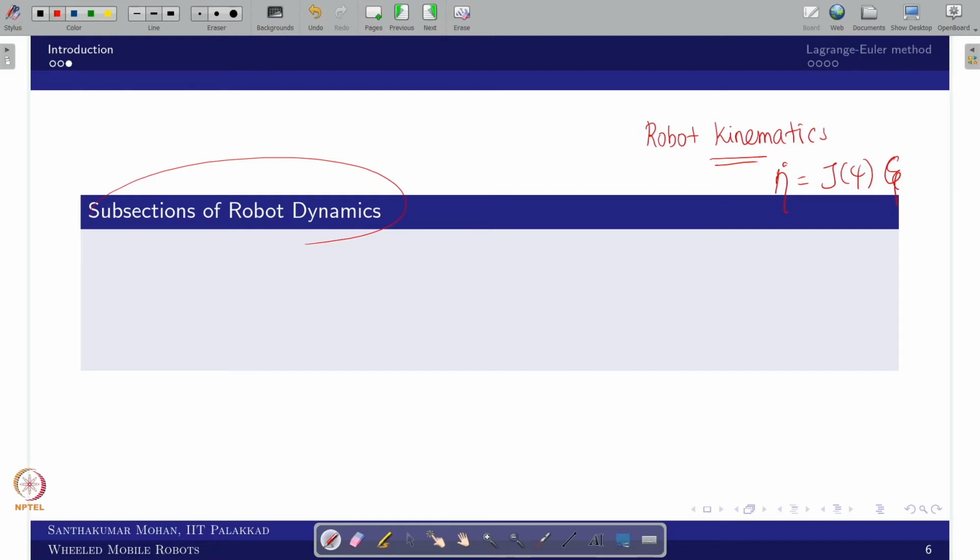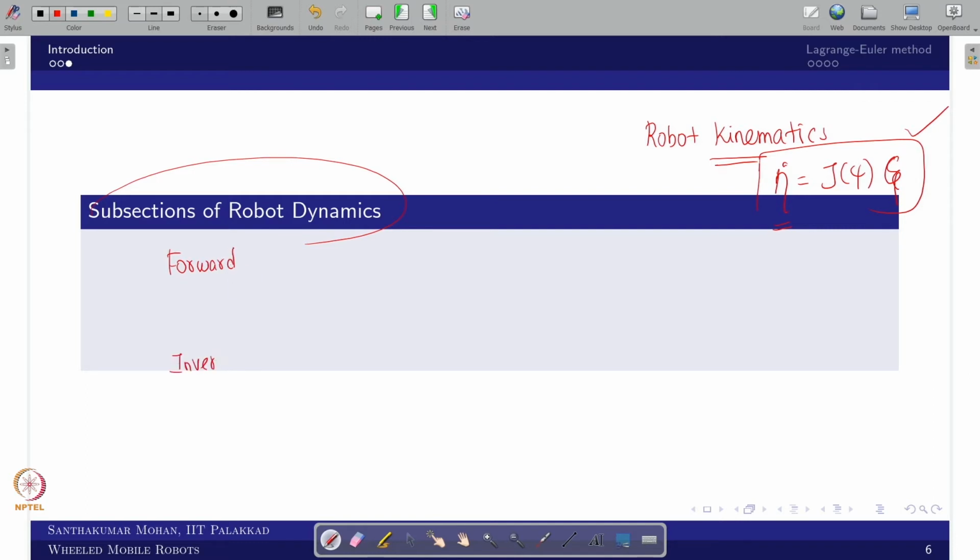If I know this input command, I can find the eta dot, or the other way around, if eta dot desired is given, I can find the necessary input. In a similar direction, there would be two subsections: one would be forward, and the other is inverse.